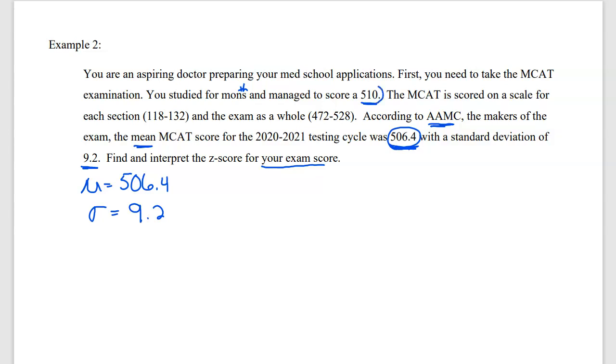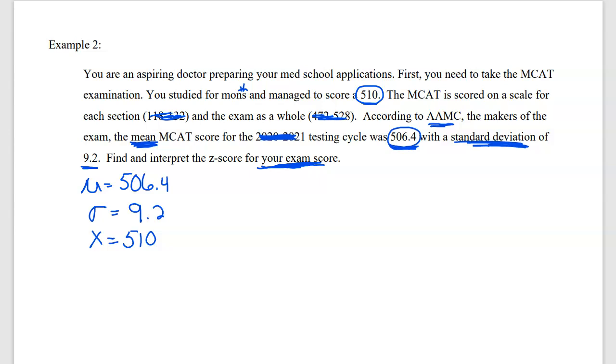So your exam score is 510. So that's my x. A lot of these numbers here don't mean a thing to us. You have to go through there and look for mean and standard deviation, and then what you're looking for.